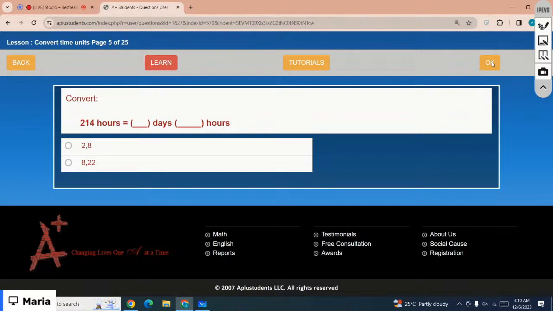Okay, 214 hours. You have to convert it into days and hours. How do we convert? Which is the correct option? You have to convert 214 hours to days. So in 1 day you have 24 hours.